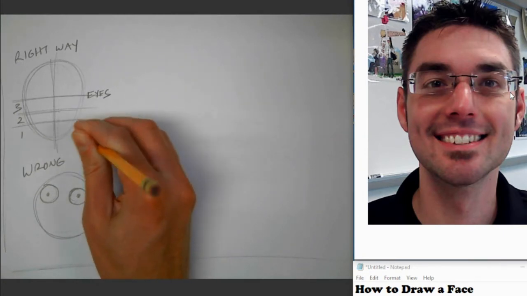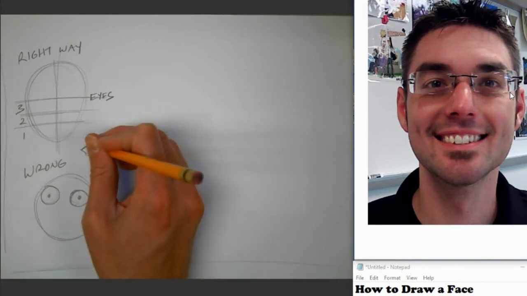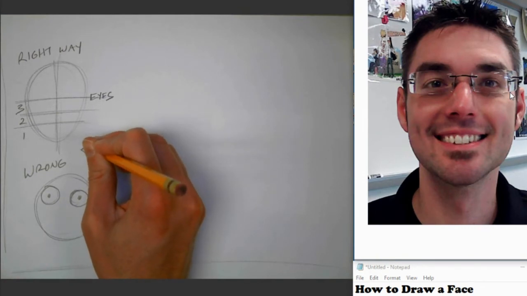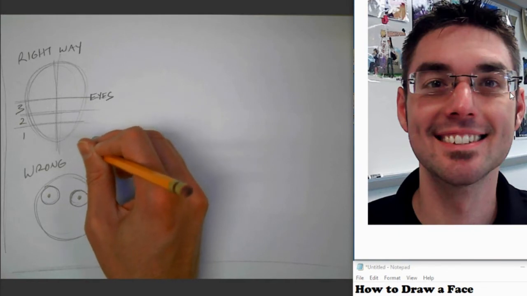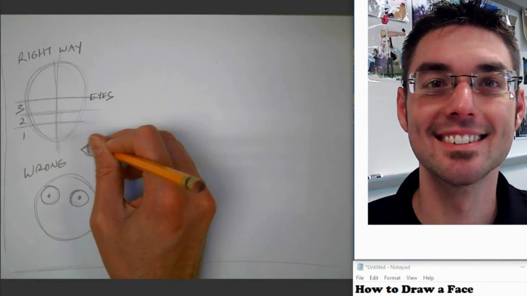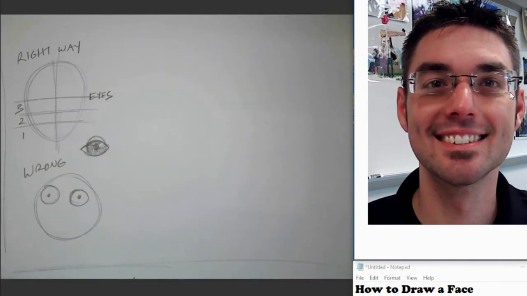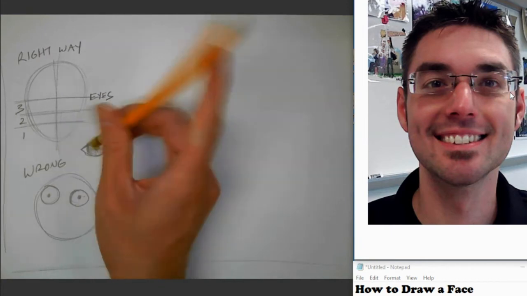It's actually behind the eyelid. Okay? And then the pupil is dark in the center. And if you really wanted to go all out, the iris is shaded. We should leave a little area for a highlight. So that's what an eye looks like. Eyelid is always covering part of it.